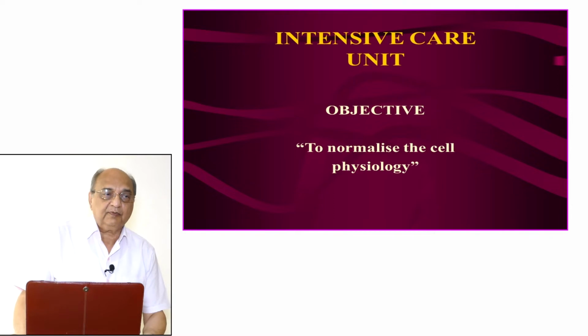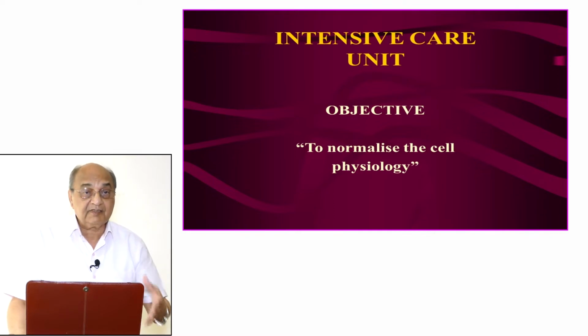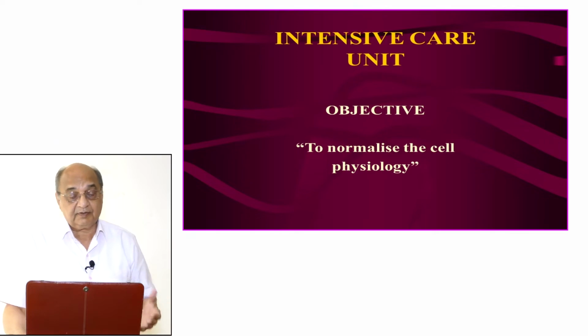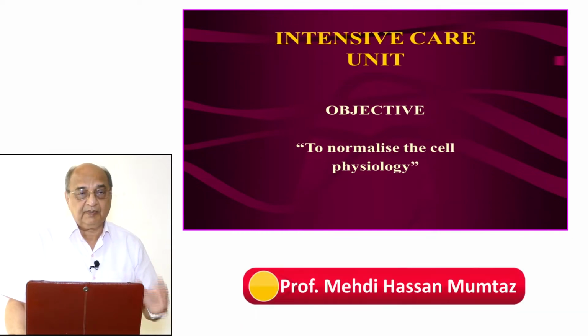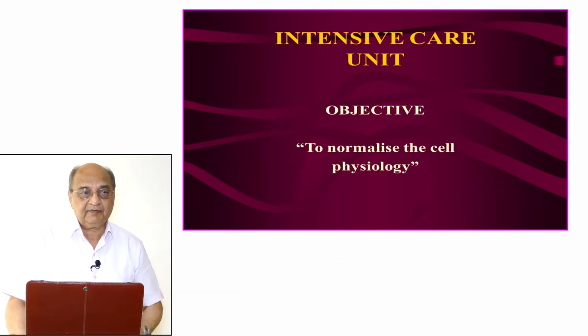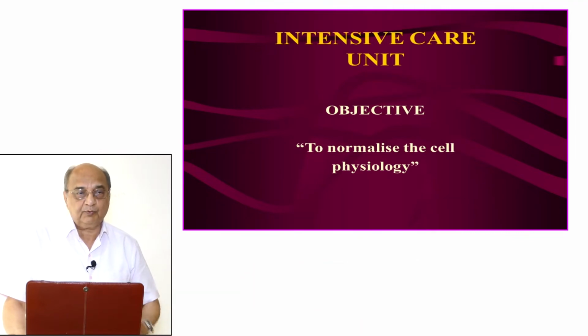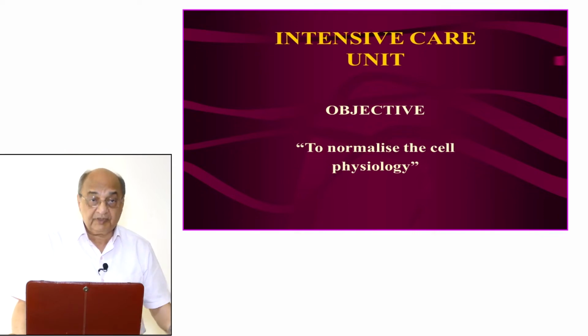But it means we want to normalize the hydration of the cell. Normalization of hydration of the cell depends on the water and electrolyte balance. After water and electrolyte balance, we have to bring the patient into acid-base balance. After bringing the patient into water balance, electrolyte balance, and acid-base balance, then we give nutrition and bring the patient into nutritional balance.